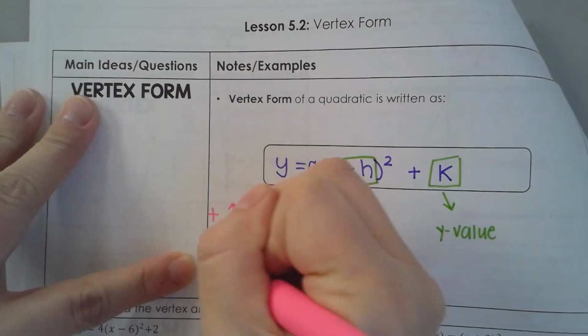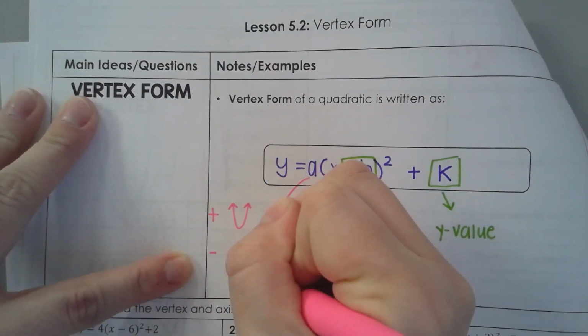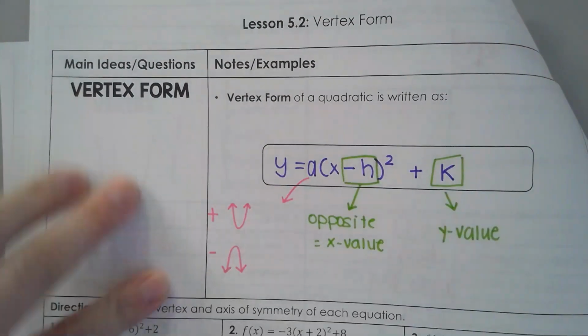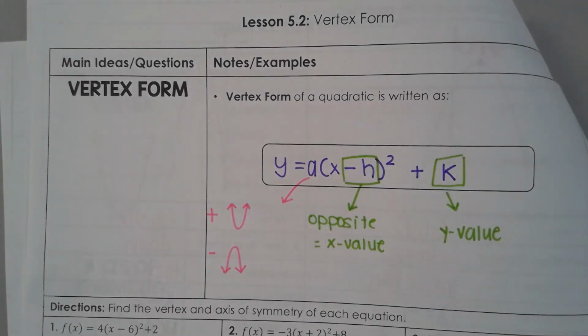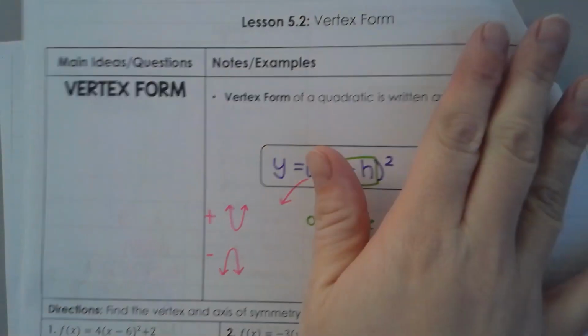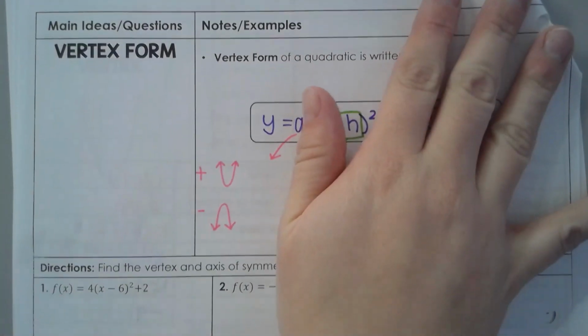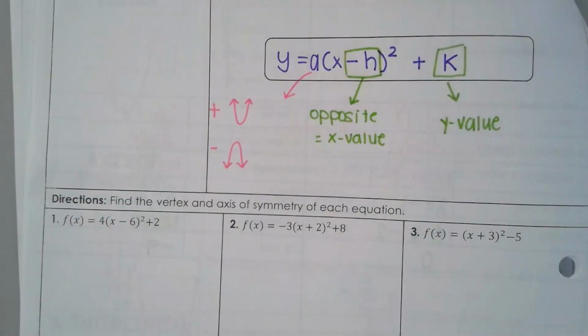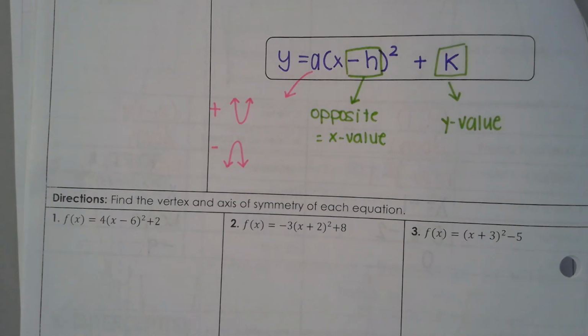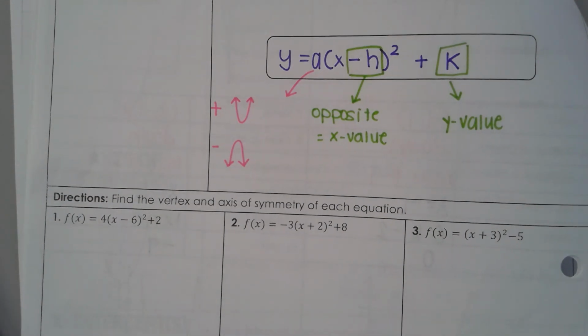If it's a negative number, your parabola points down. The bigger the number is, like 2, 3, 4, that's going to make your parabola get skinnier. If it's like 1/2, 1/3, 1/4, it's going to make your parabola get fatter. But we're not going to do much with that in this unit.